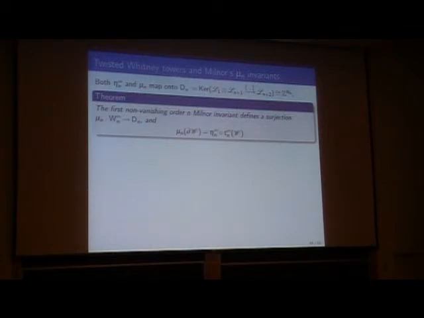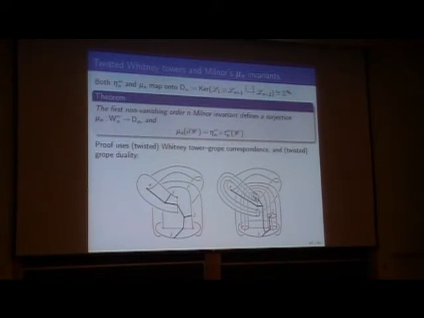So this kind of relation between Milnor invariants and things like Whitney towers was actually known in various versions for quite a while, but I think this is the first time that this explicit map and the explanation for it was discovered. Again, I can only say briefly the idea, but it's really summed up by this picture. Remember we saw this link before, and it has this order 2 Whitney tower. Just look at the first link component.